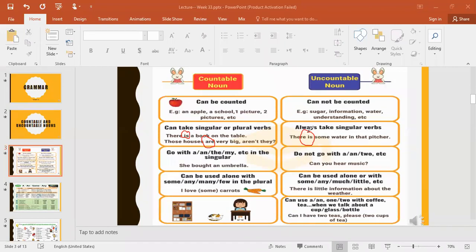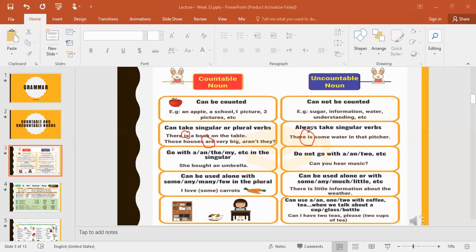I'm using singular verbs. So the first difference is that countable can be counted, such as saying an apple or a picture or 1 picture or 2 pictures and so on. Uncountable cannot be counted, such as sugar, rice, information, hair, water, understanding, and so on.